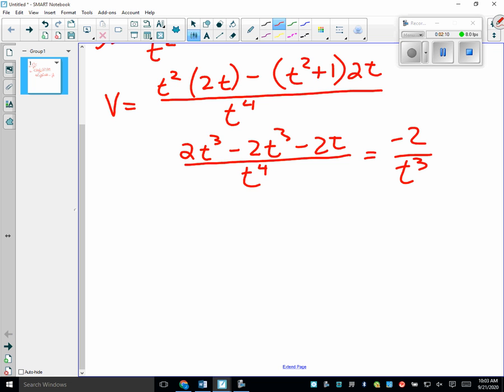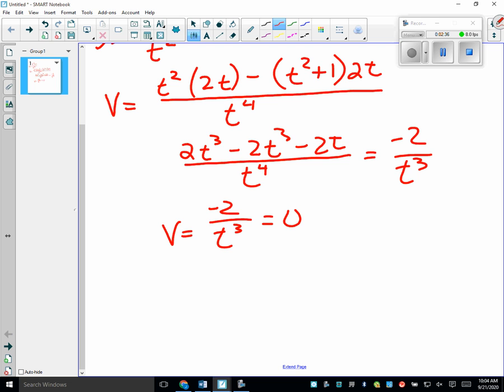So what I'm going to do is set velocity equal to 0. Yes. When does a fraction equal 0? When the top is 0 or the bottom? The top. So what is the numerator of this? Can that ever equal 0? So it never equals 0.